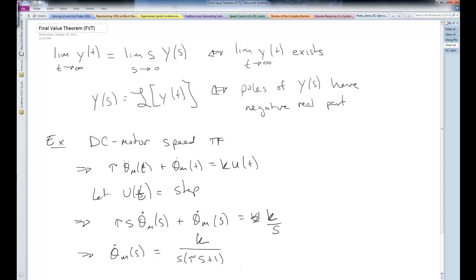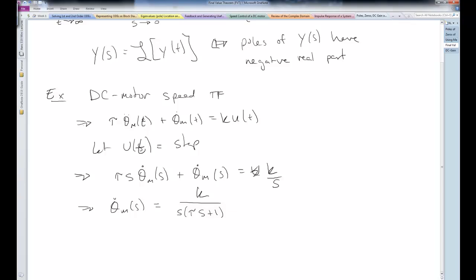Now, if I'm interested in finding the final value of theta m dot as a function of time, the final value theorem tells me that the limit of theta m dot of t as t goes to infinity is equal to the limit of s times k over s times tau s plus 1 as s goes to 0.